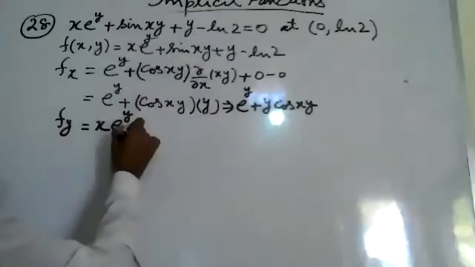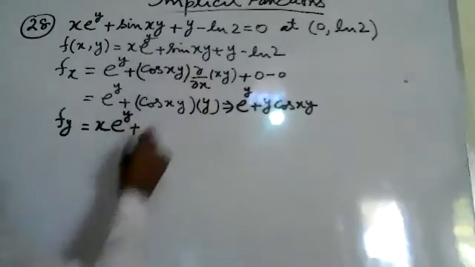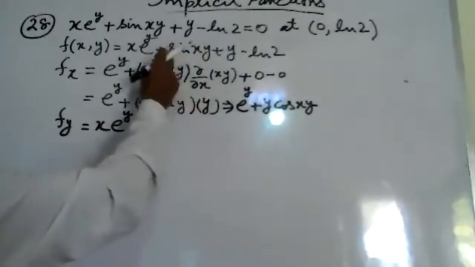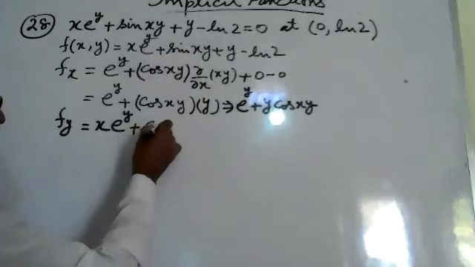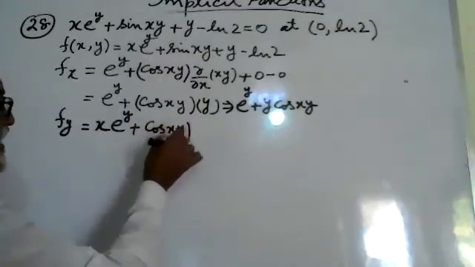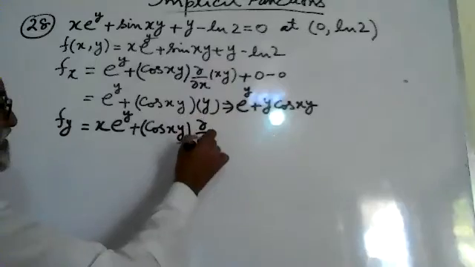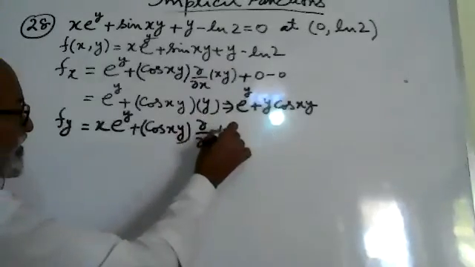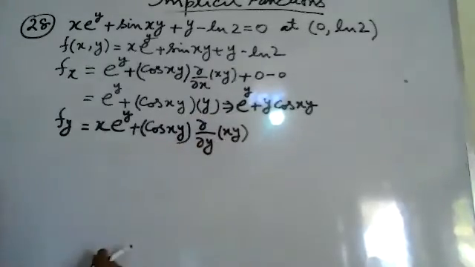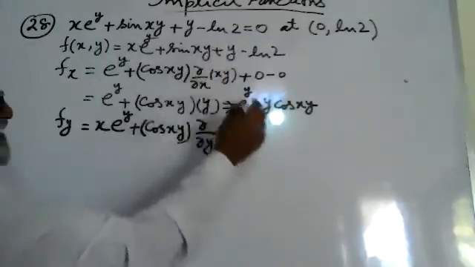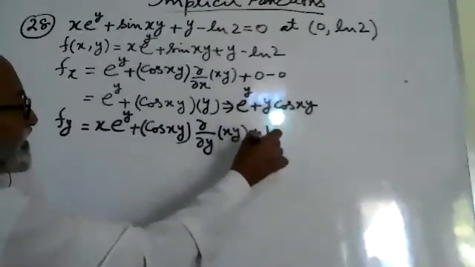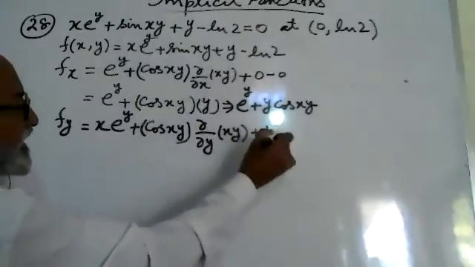Now the sine. The derivative of sine of xy, y is also there, so we'll take cos xy into the partial derivative of xy with respect to y. Plus the partial derivative of y will be 1, and the partial derivative of ln2 will be 0.